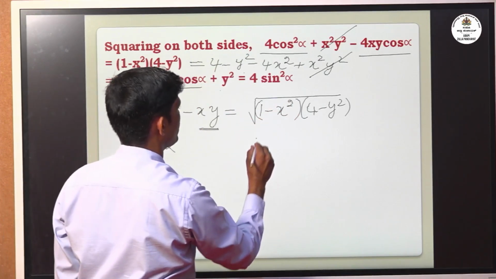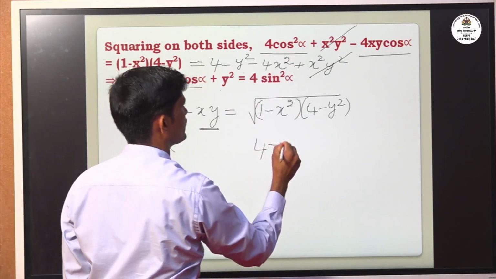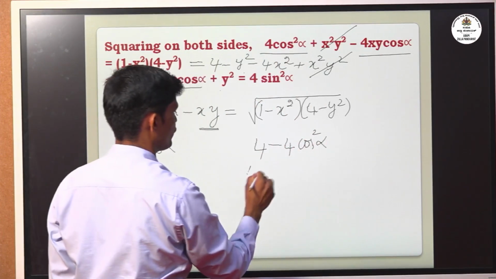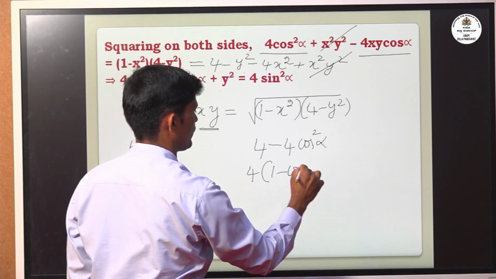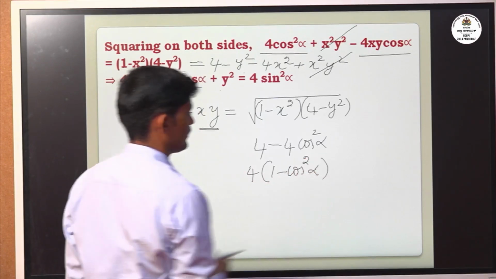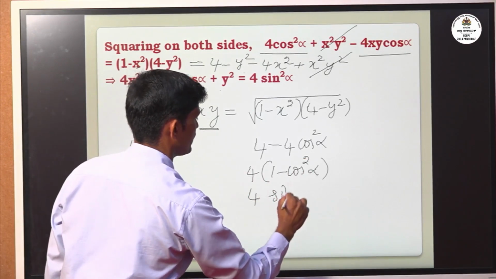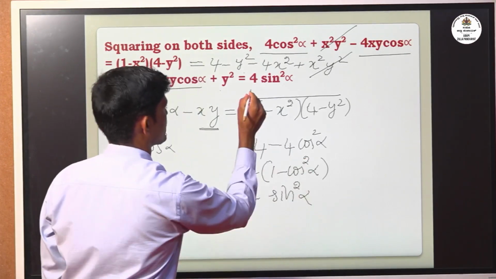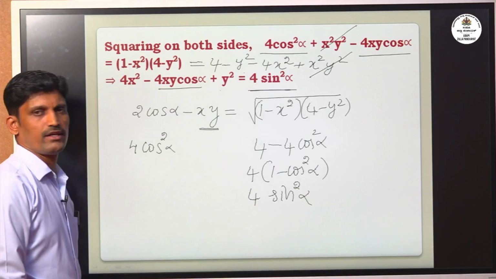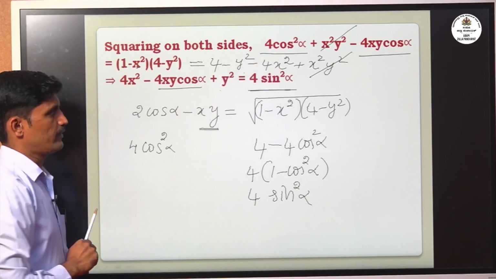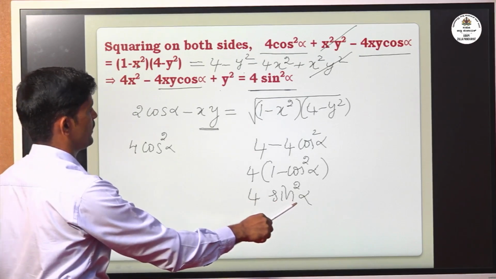The 4 cos square alpha moves across and becomes minus 4 cos square alpha, so it is 4 into 1 minus cos square alpha, and 1 minus cos square alpha is sin square alpha. So 4 minus 4 cos square alpha becomes 4 sin square alpha.